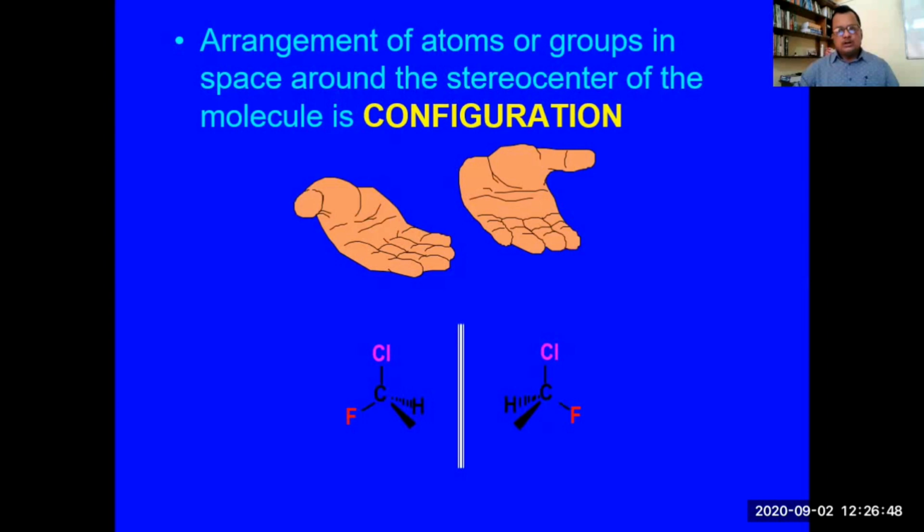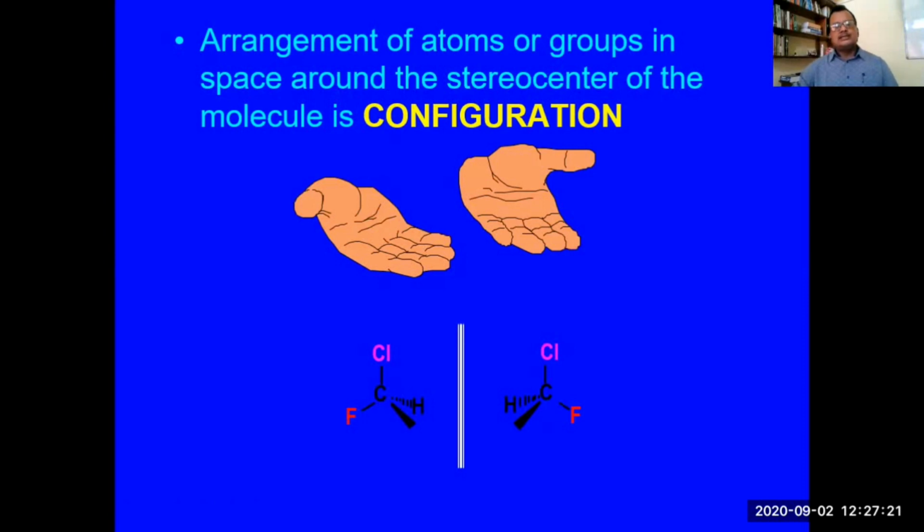In the case of enantiomers, they have different ability to rotate plane polarized light, and enantiomers also have different configuration around the asymmetric carbon or the stereocenter, commonly called the chiral center. Here these 2 compounds are optically active because the carbon atom is attached to 4 different atoms or groups, so they have a non-superimposable mirror image.